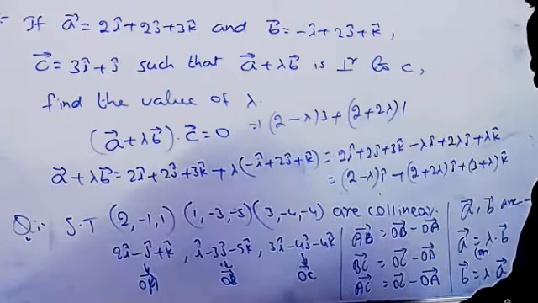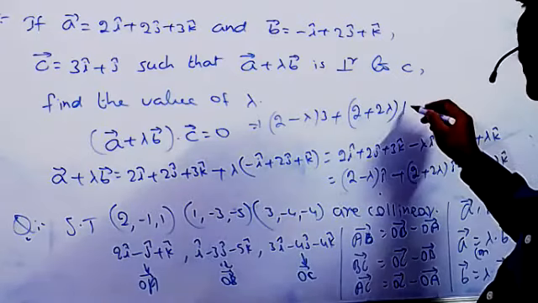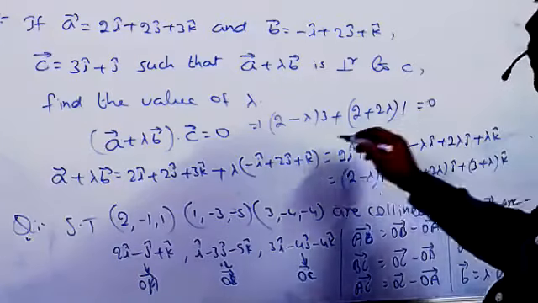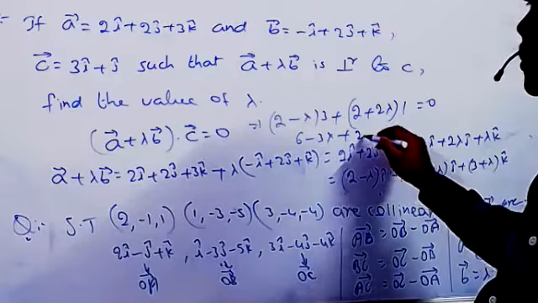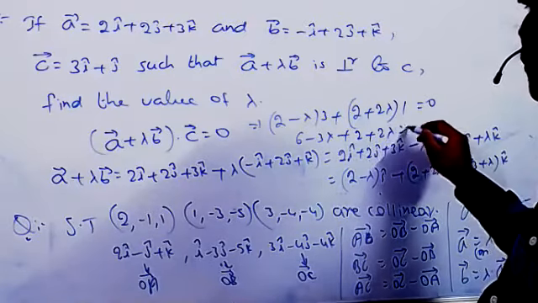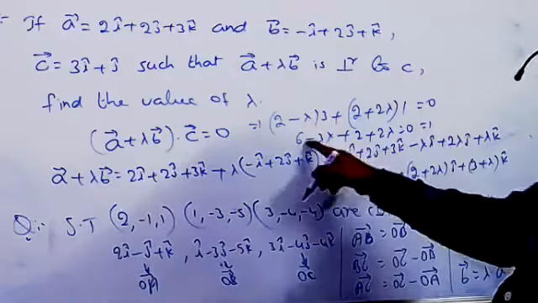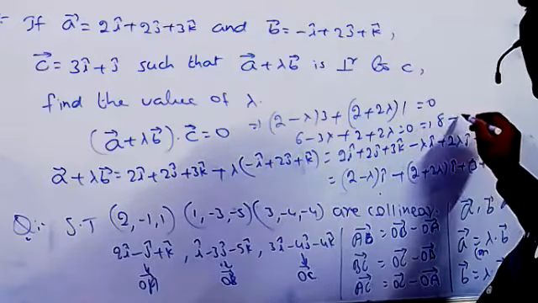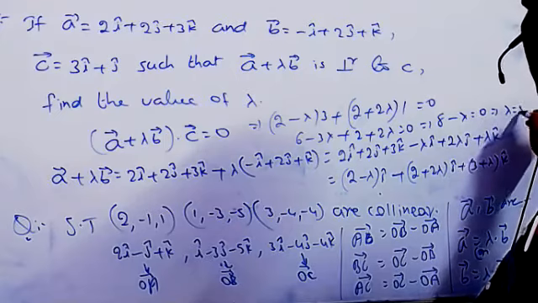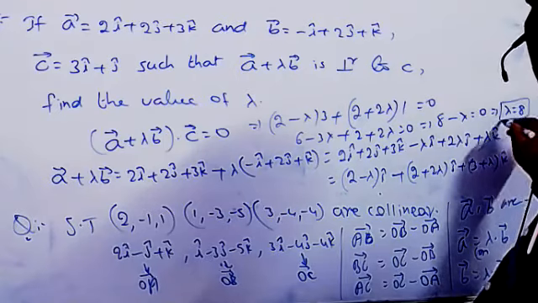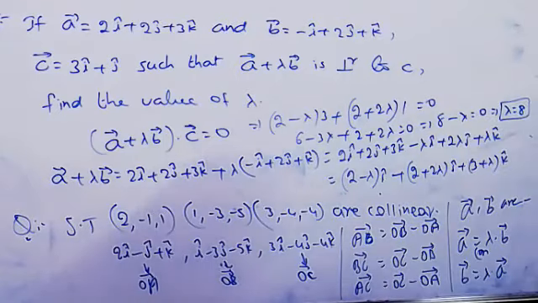Anyhow, k is not there, so that becomes 0 only, equal to 0. So this is 6 minus 3 lambda plus 2 plus 2 lambda equal to 0. 6 plus 2 is 8, 8 minus lambda equal to 0. That implies the value of lambda equal to 8.